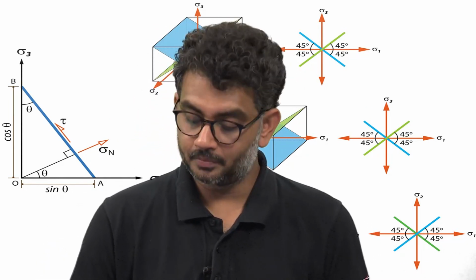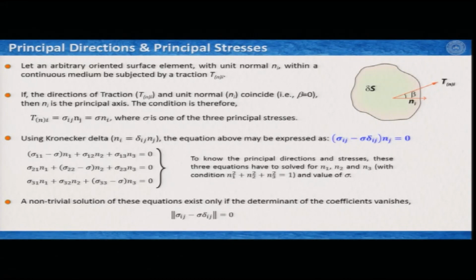Considerations in this slide: we can consider in a very similar way this same arbitrary element, which is del S, that has a surface area, and it has a unit normal Ni, that means N1, N2, N3 in 3 different directions, and this is the traction you are working with, and the traction makes an angle beta with the normal.